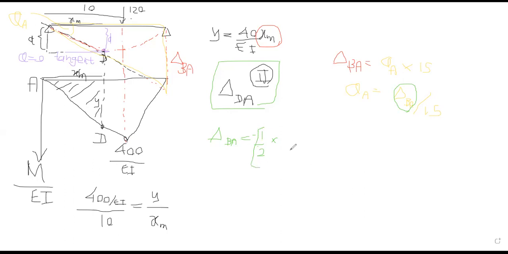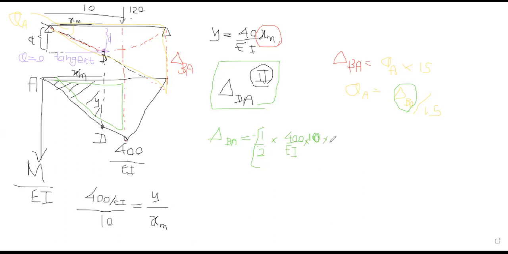So it's 400 over EI, for this triangle, into 10 over 2.